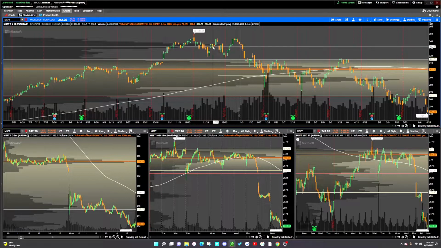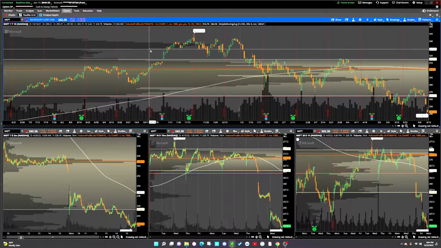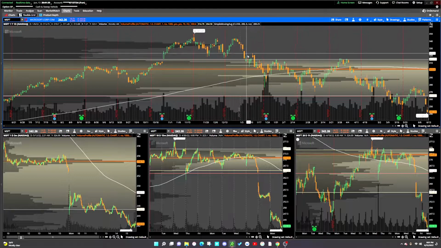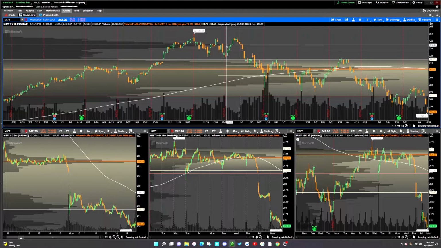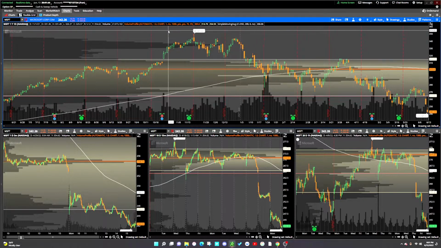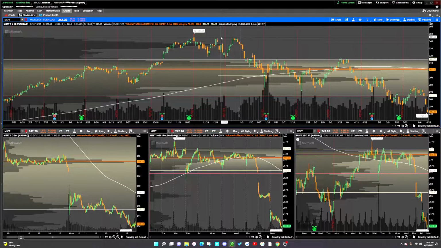Now up here, you see this volume node. We can see price traded up here, distributed, and then instantly went down. So this was a lot of sellers and people booking profits, but we only know that because we have the gift of seeing past tense.